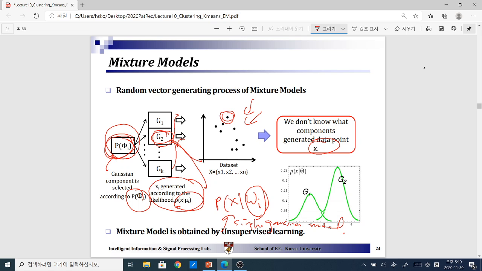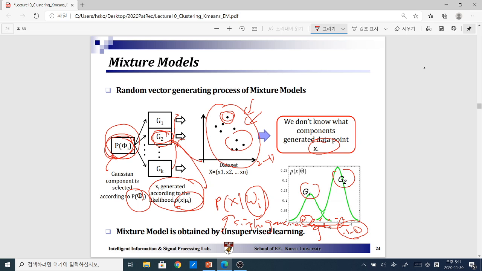Assuming, as you can see by inspection, it would be good to have just two Gaussian modes, essentially two big clusters, we can have G1 and G2. Each of these samples that are generated, this is 2D and this is 1D, so let's assume we have a 1D situation. Each of these samples is generated on the horizontal axis according to P of phi sub i, the random number generator probability, which chooses which of the two Gaussian modes the sample comes from. So each sample is then represented as belonging to one of the two Gaussians in terms of its posterior probability, for example omega 1 given x.